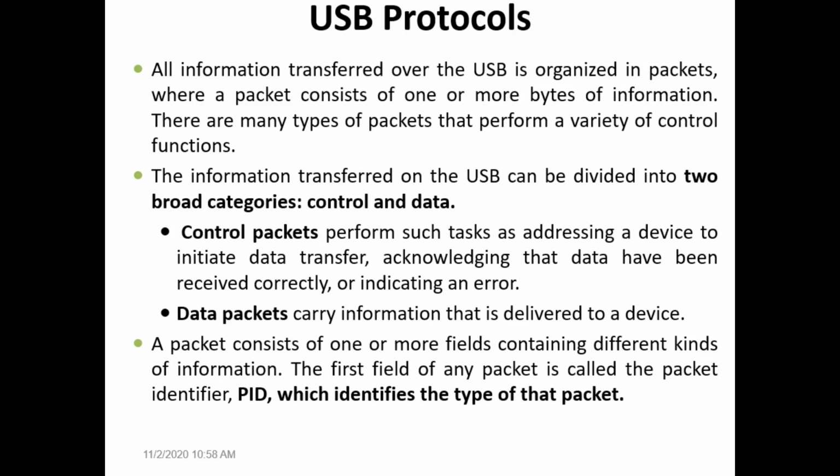The packets which transfer control information are called control packets, and the packets which carry data being transmitted are called data packets. So packets hold data or control information. In this slide you can see what a data packet is and what the control packets are.